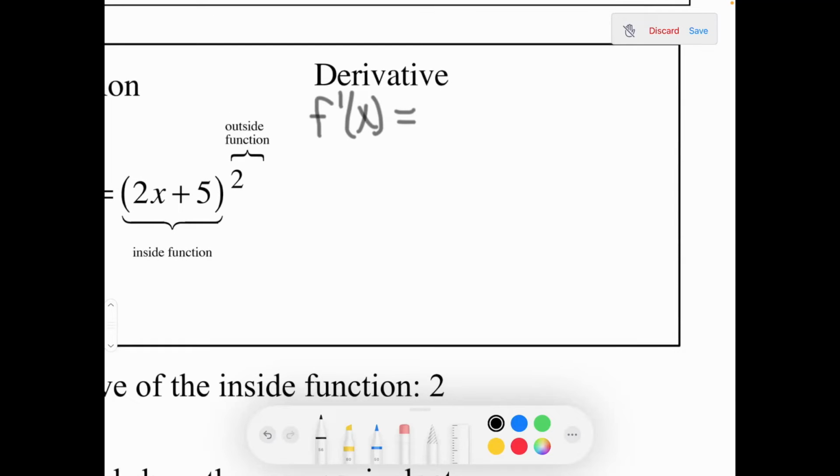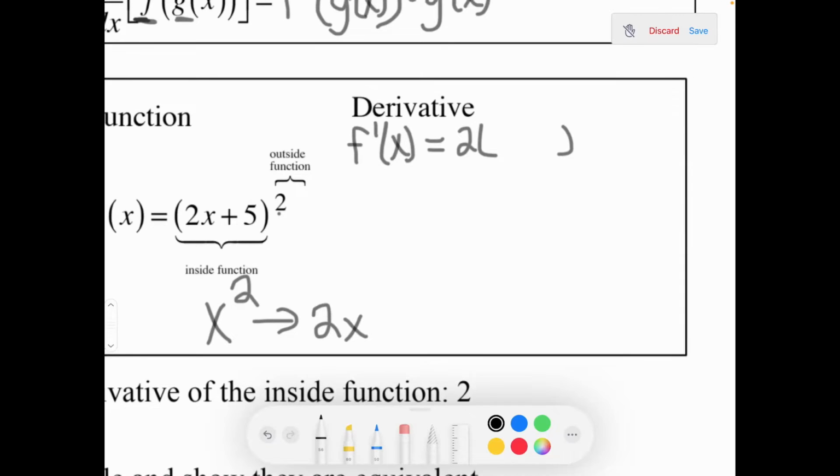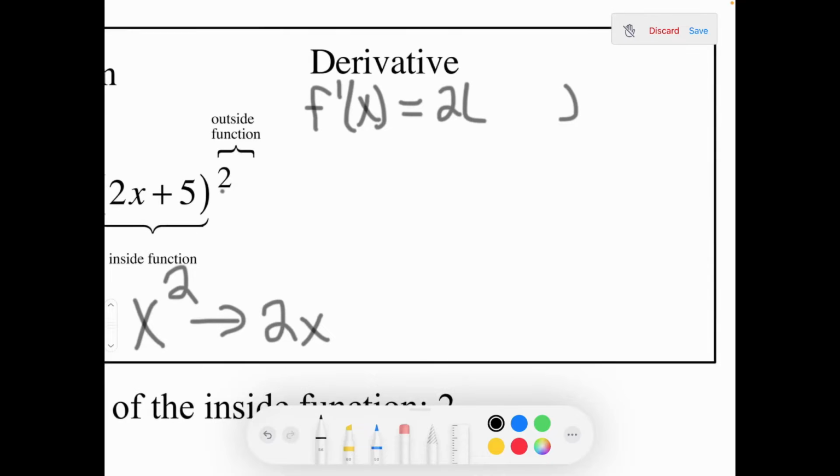So we have something being raised to the second power. Think about x squared. What would the derivative of x squared be? The derivative of x squared would just be 2x. So what's the derivative of something squared? Well, it's just 2 times that something, and that something was 2x plus 5 this time instead of just x.